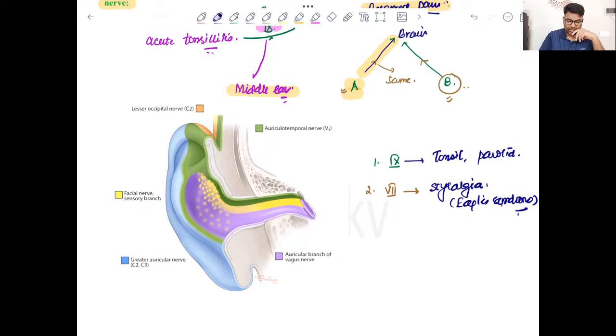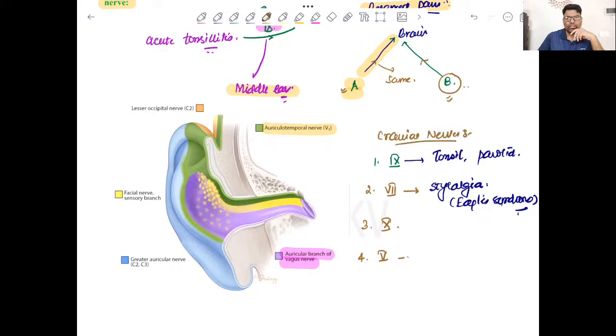Then third, the auriculotemporal nerve, which originates from the mandibular division of the fifth nerve, and then the auricular branch of the vagus nerve is one more. So you can add the 10th nerve and the 5th nerve also. These are all cranial nerves which can lead to this beautiful concept of referred pain to the ear.